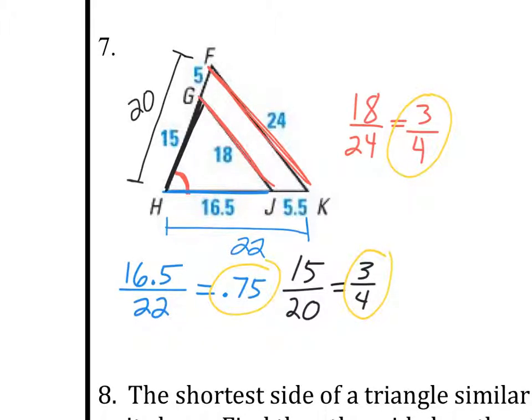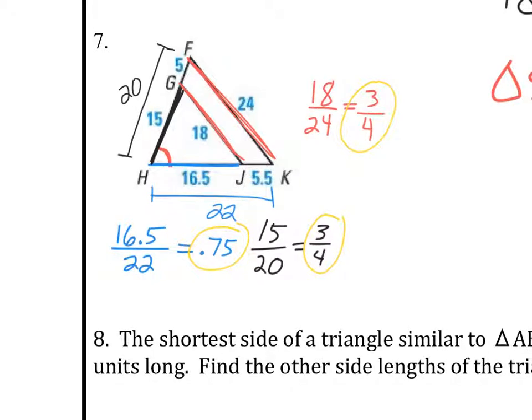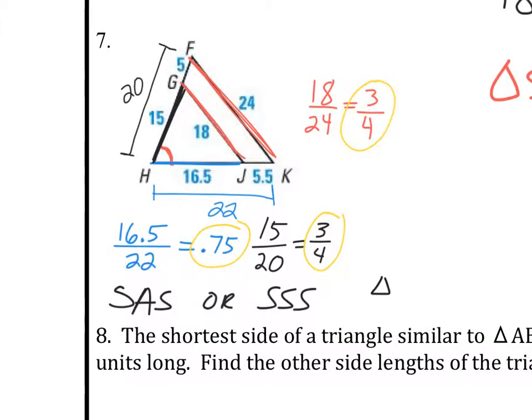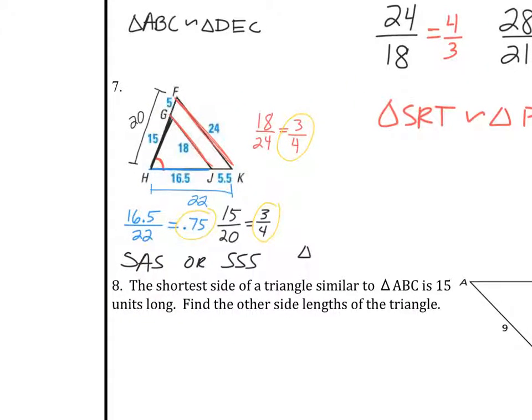Doesn't matter to me. But we do know that these two triangles are similar. So triangle GHJ is similar to triangle, what would that be? FHK.